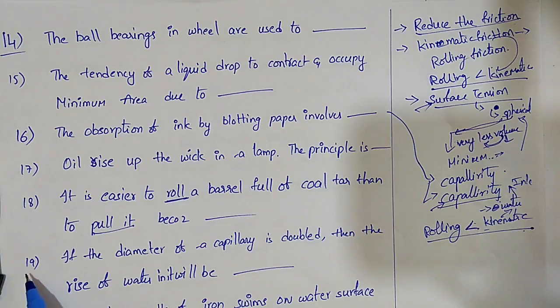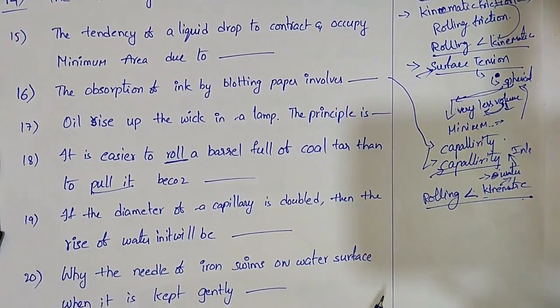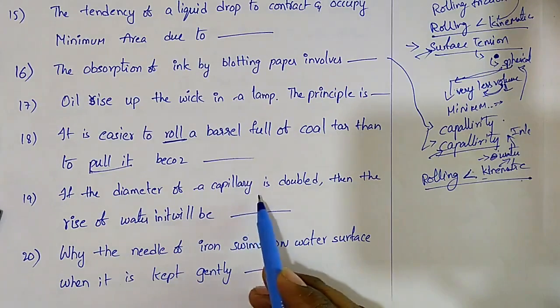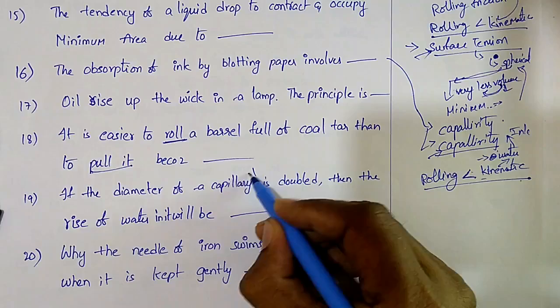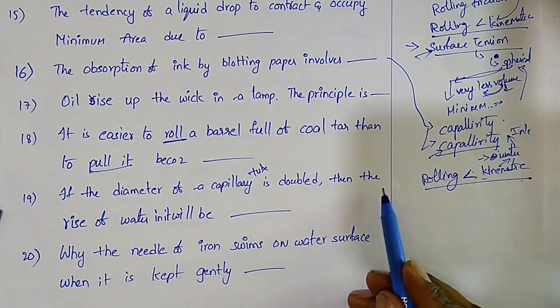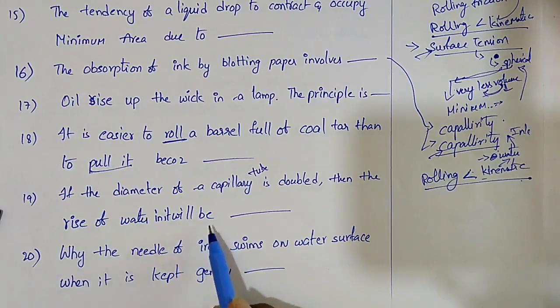Okay. And the next question, 19th one. If the diameter of capillary tube is doubled, then the rise of water in it will be dash.